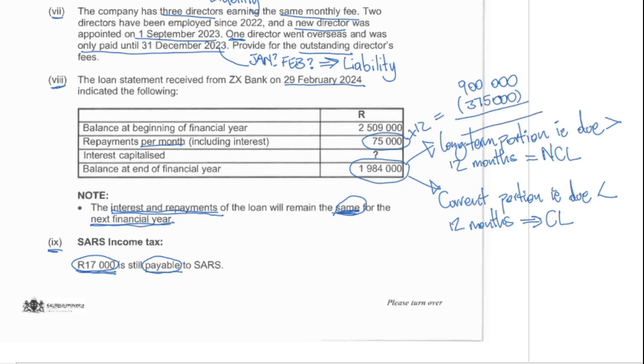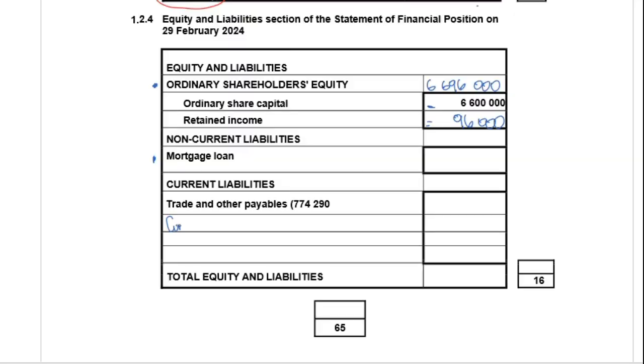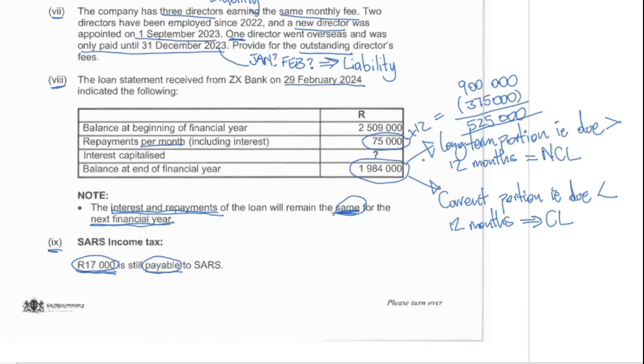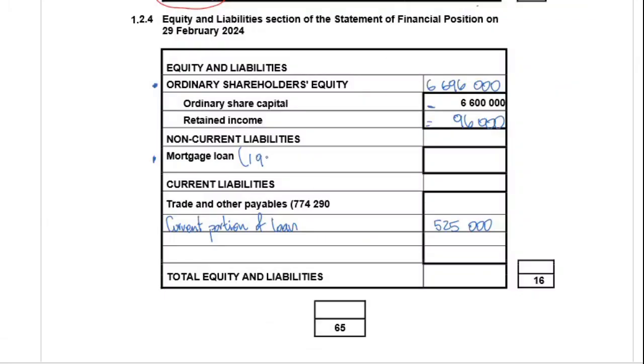And this gives us 525,000 rands. So we must remove 525,000 rands from the balance at the end of the year of 1,984,000 and disclose that separately under the line item current portion of mortgage loan under the current liabilities section of the balance sheet.